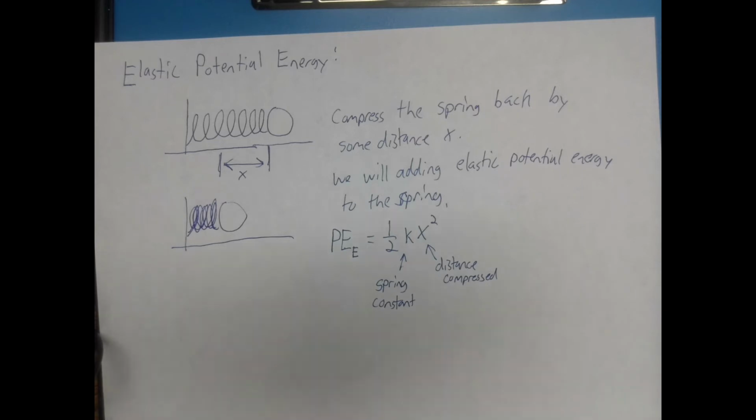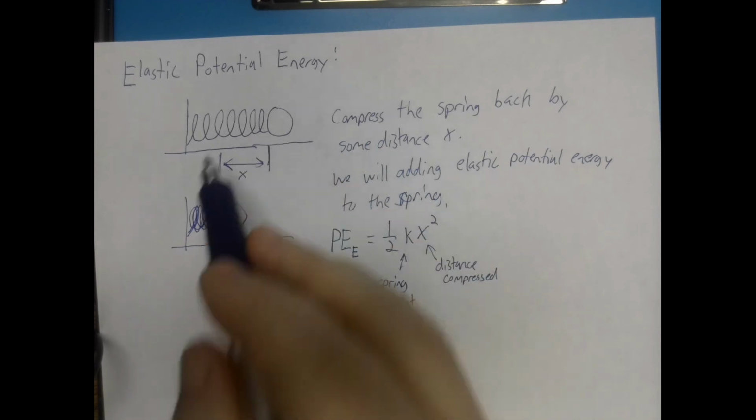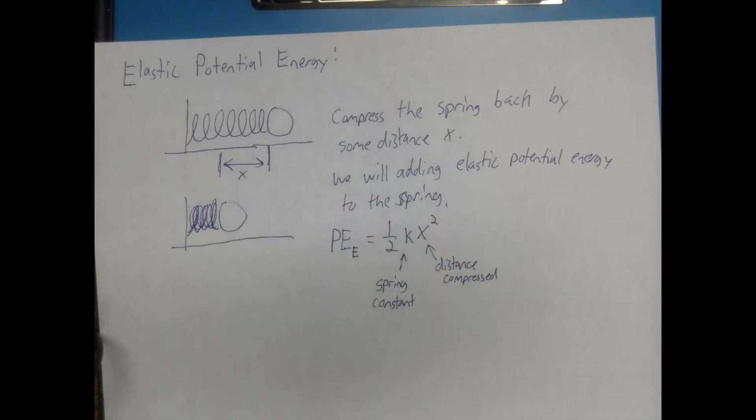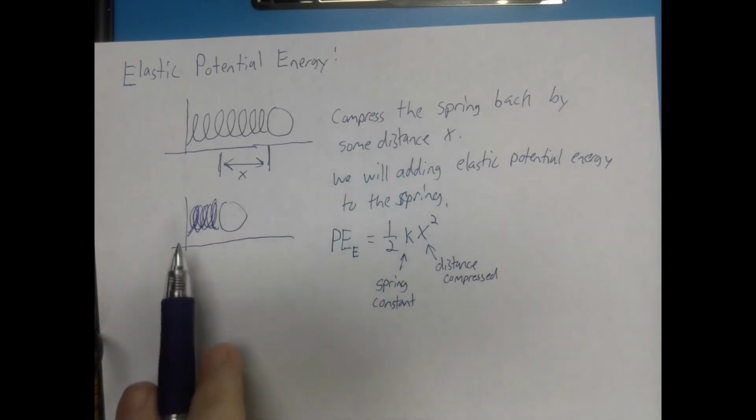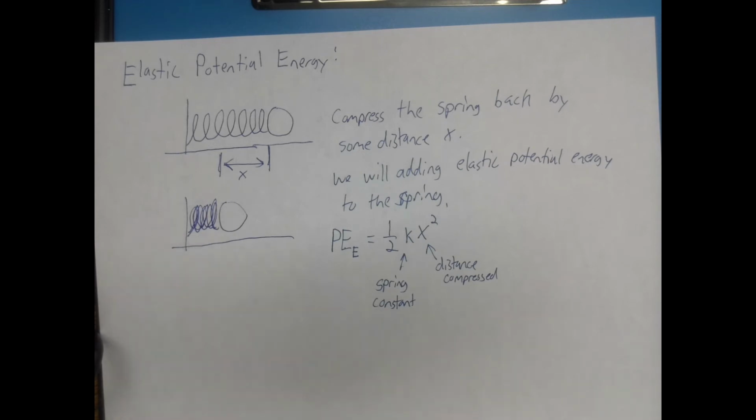It's how much you move it, and you can move it in either direction. You can push on the spring and compress it, or pull on it and it'll do the same thing. Because what happens if you pull a spring out and let go? It'll snap back. Or if you pull on a rubber band and let go, it'll snap back. So this applies not only to springs, but rubber bands. This k depends on the material and shape of the spring. Every spring has a unique constant.